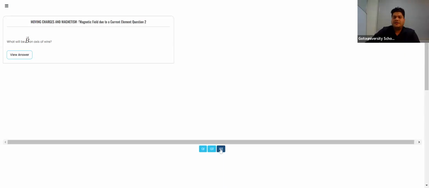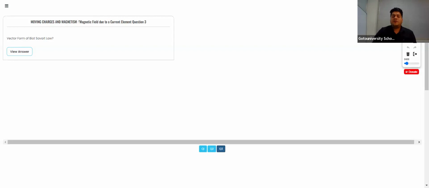Let's see the next question. Vector form of Biot-Savart law. What is the vector form of Biot-Savart law? The formula we studied is dB is equal to mu naught I dl cross vector r upon 4 pi r cube.